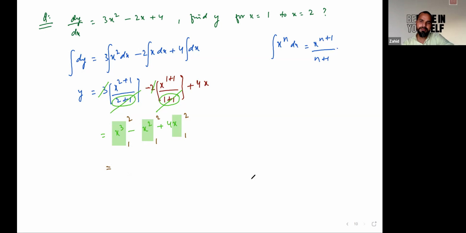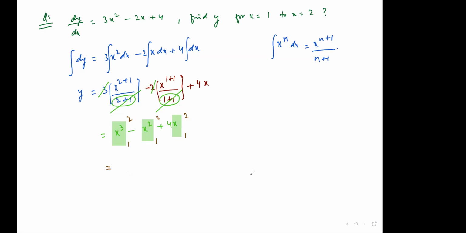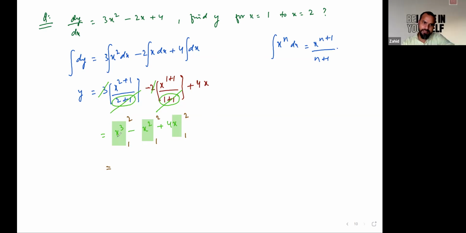Salman, have you put the limit? Yes, sir. In the first part, here x raised to the power 3. So it means 2 raised to the power 3 minus 1 raised to the power 3, minus here x squared, so it means 2 squared minus 1 squared, plus 4 times x raised to the power 1, so it means 2 raised to the power 1 minus 1 raised to the power 1.